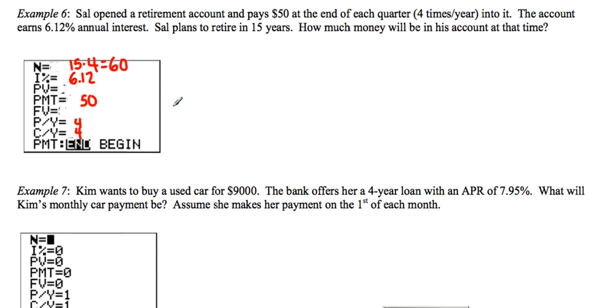Okay, what else? His present value is going to be 0, so he's not starting off with any money in his account, and we're looking for that future value, how much it is.